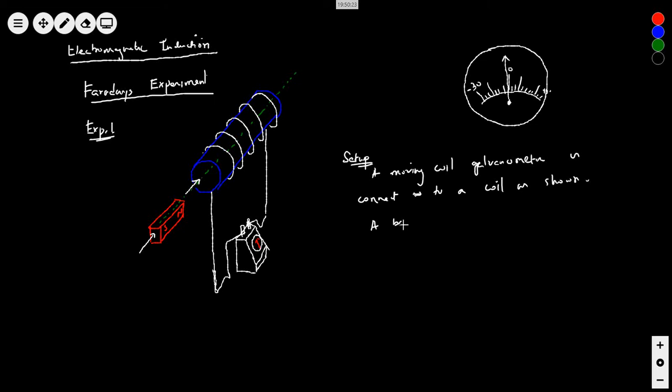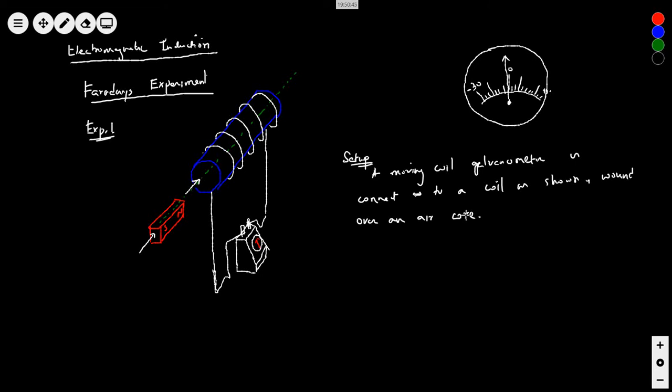Wait a minute, I need to mention here something. The coil, as shown, is wound over an air core.